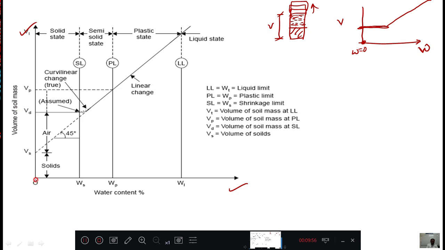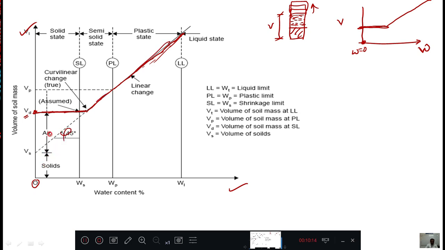Then at water content 0, soil is in a dry condition, therefore dry volume Vd, and this is the graph. From here it is going like this. Okay, don't worry about this angle.